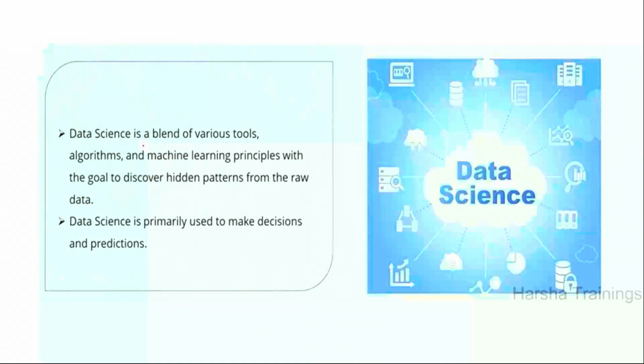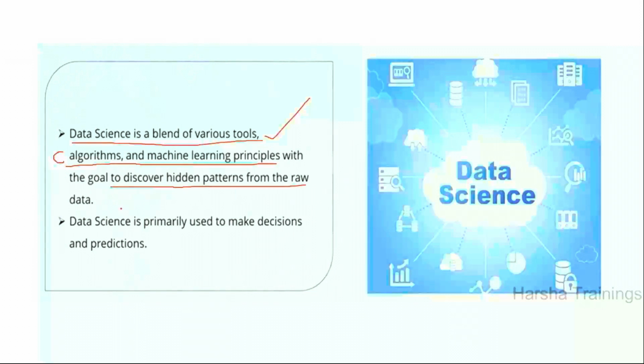Now, let me take what is data science. Data science involves various tools. Here we are going to discuss so many tools and algorithms, machine learning and deep learning algorithms and principles. We are going to discuss computer science algorithms with machine learning principles to discover hidden knowledge from the raw data.